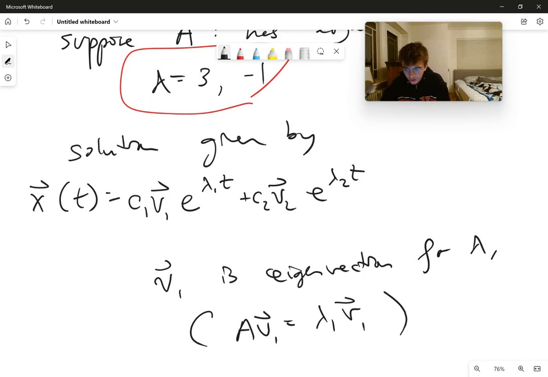The point is, why does this solution actually work? Why is it unique, right? And that's a little bit of a complicated question. You have to get into some more theory to prove the uniqueness of the solution.